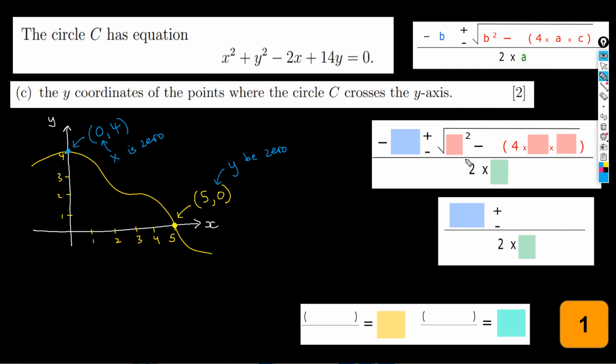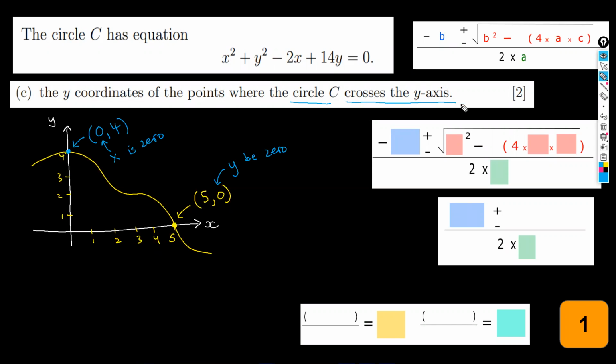So let's read through this question. The y coordinates of the point where the circle, remember the circle is a graph, a very neat curve, crosses the y-axis. Now, when they say crosses the y-axis, they mean cuts the y-axis. So which one are they asking us to pretend: x is 0 or y is 0?